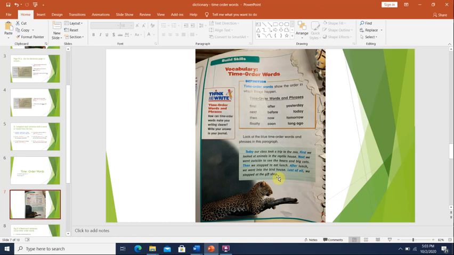Last of all, we stopped at the gift shop. At the end, we can say finally, or at the end, or last of all, they went to the gift shop before they left. Okay, so these time order words in blue show us when something happened, and the order of their trip.